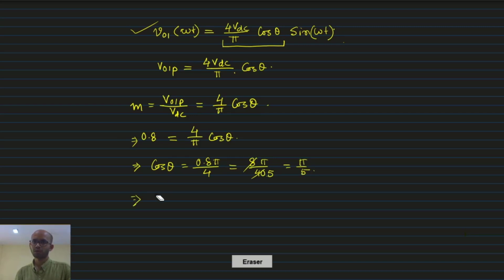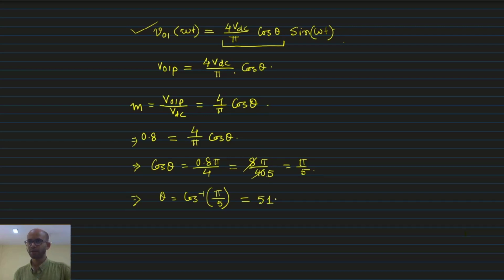So what is the theta value? Theta equals cosine inverse of pi by 5. Let me calculate this value, cosine inverse of pi by 5. I am getting 51.073 degrees.